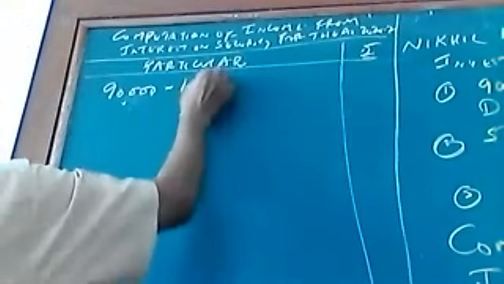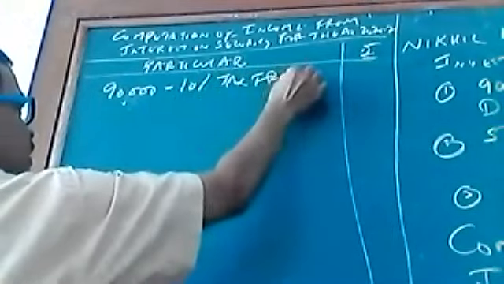So you have to write here in the particulars column as 90,000, 10% tax-free debentures. Now, because it is a private security issued by a private company, it comes under tax-free commercial security.